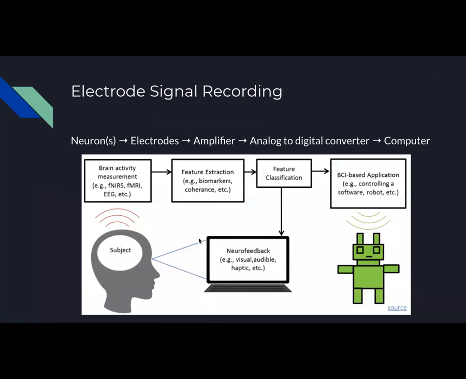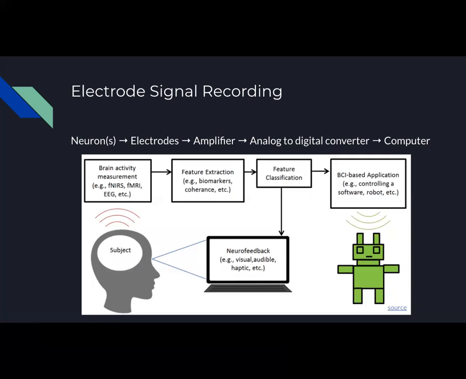And whenever you're recording electrodes, this applies to the invasive probes as well as the electrodes outside the brain. You start with some neurons, and those generate a signal which is picked up by electrodes, whether inside or outside the brain. And those signals usually need to be amplified because they're quite weak compared to the noise in the environment.